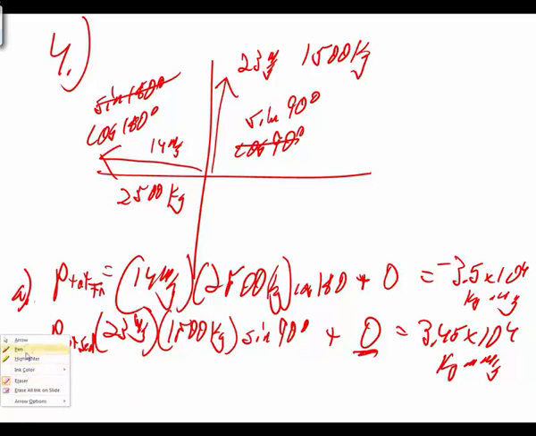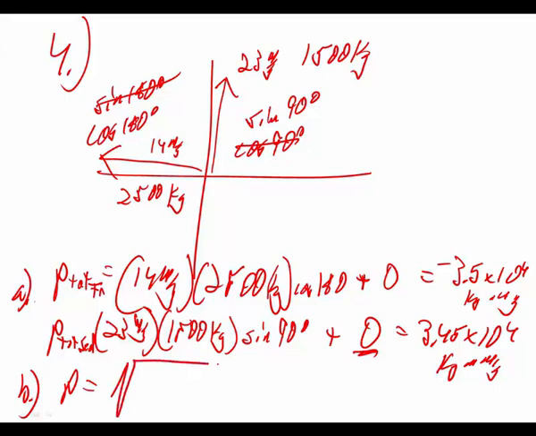All right. Then part B, it says what is the magnitude of the momentum? So P is what? Square root of the squares. Well, where's my x component, my y component? Well, here's your x and here's your y. How do you know that? Cosine and sine.